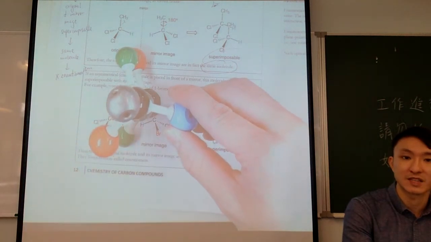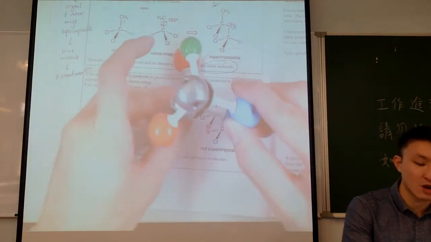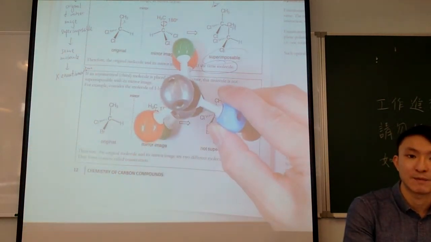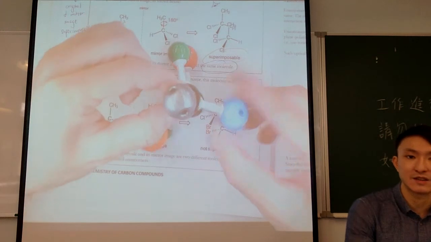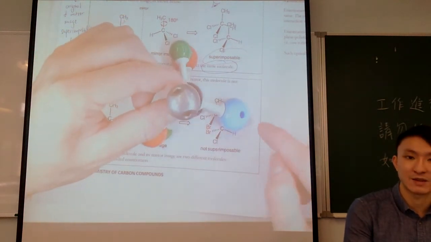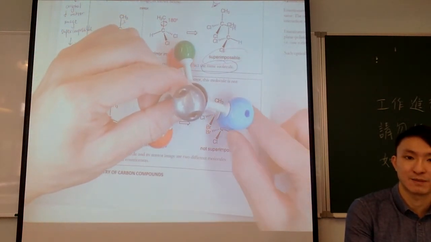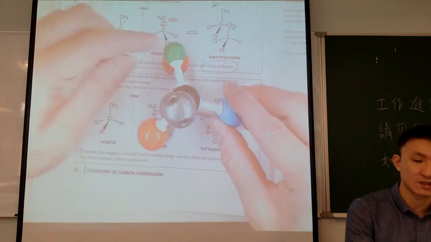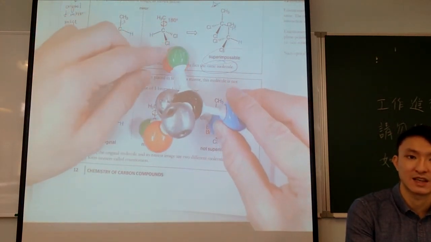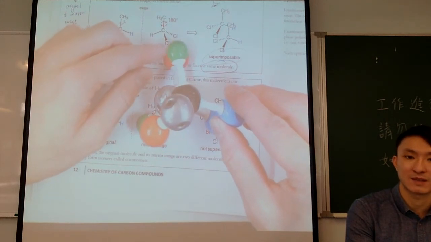Now you see, can the one at the top completely block the molecule at the back? Not really, because you see here, this hydrogen atom can completely block the one at the bottom, same as the carbon. But this chlorine atom, can it completely overlap with the bromine atom at the back?